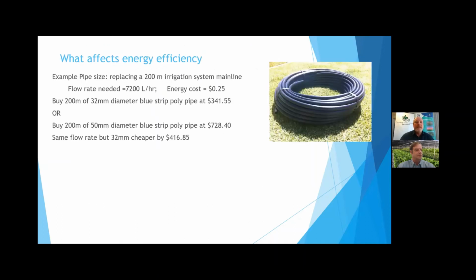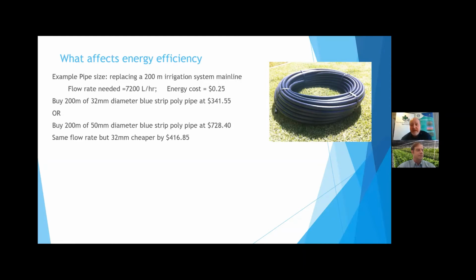I'm going to take this a step further, because although pumps are critical to an irrigation system, another factor that affects irrigation efficiency is the pipe sizes. So let's have a look at what happens if the wrong pipe size is used.